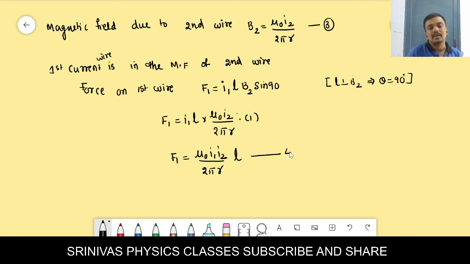This is equation 4. From equation 2 and equation 4, what do we write?